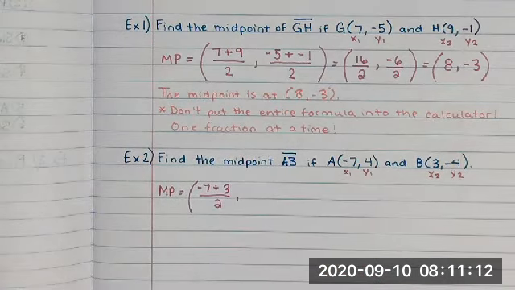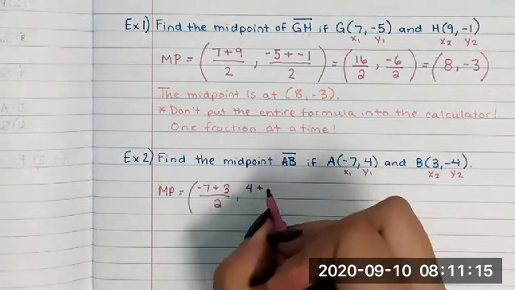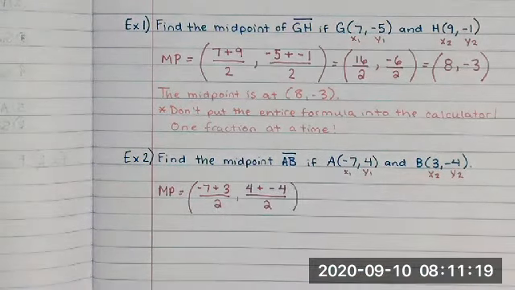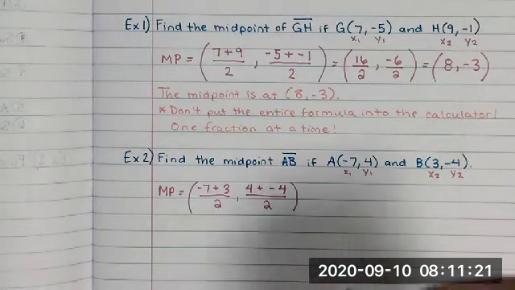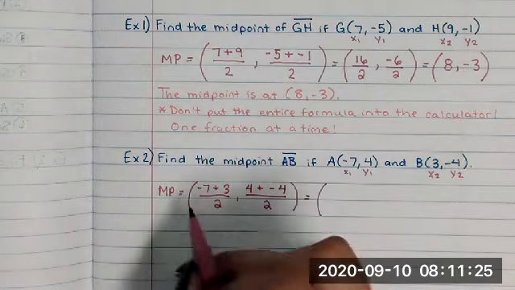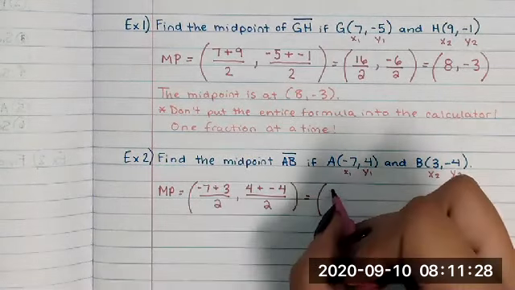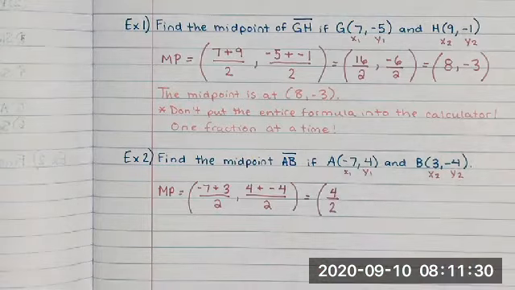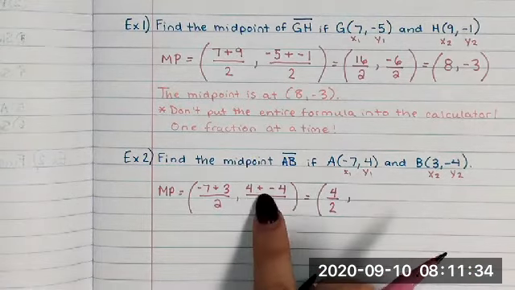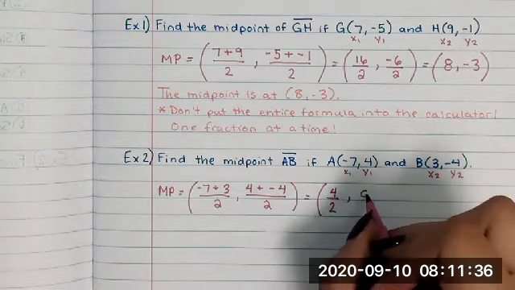And then 4 plus negative 4. I'm going to add the numbers on top. Negative 7 plus 3 is a positive 4. And 4 and negative 4 make 0.